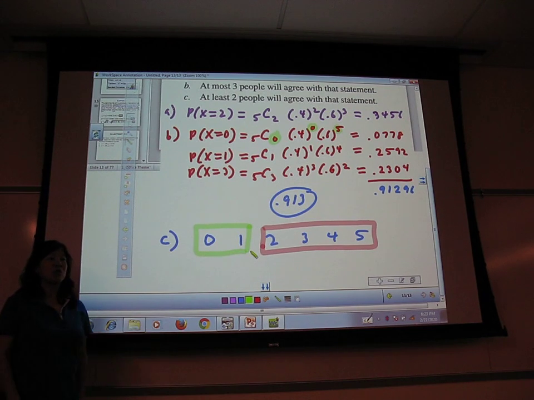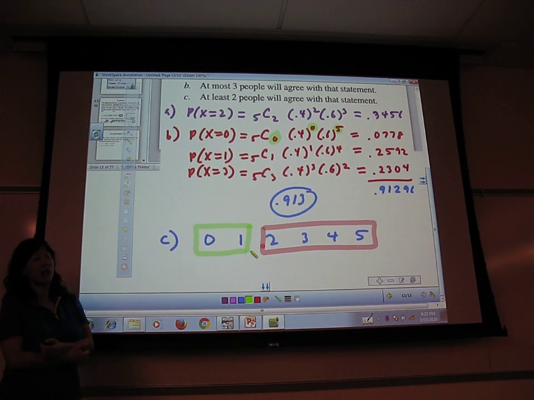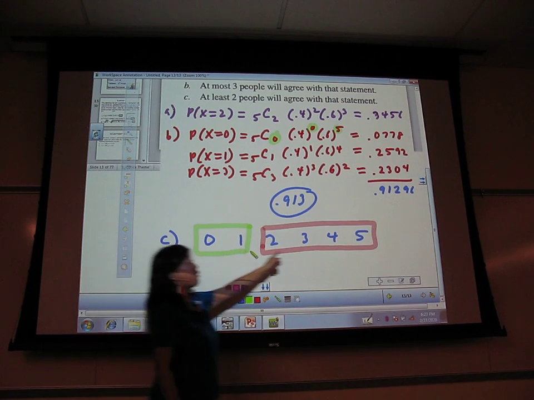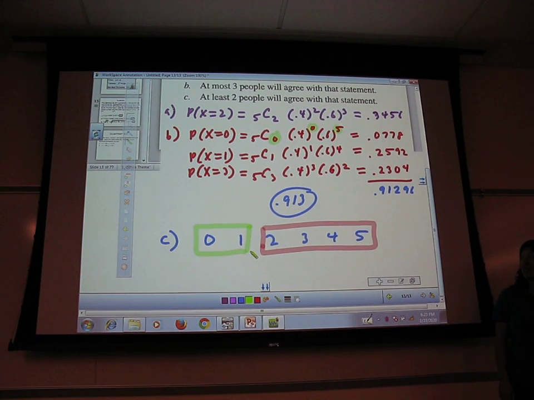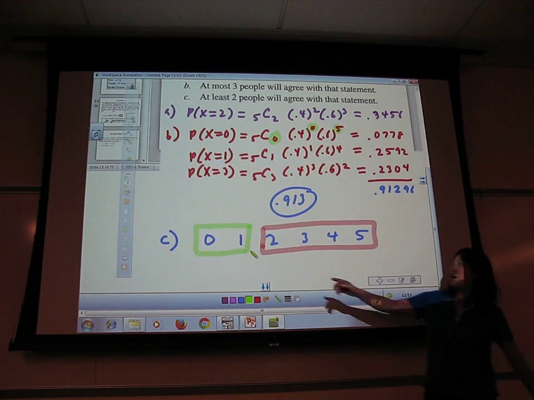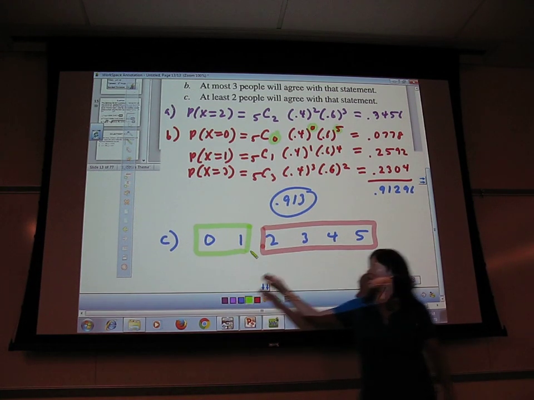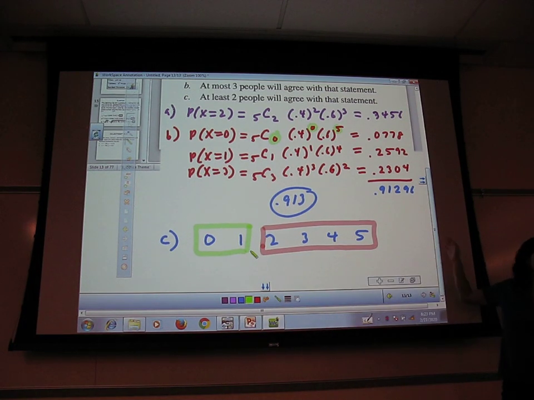Good? So on the exam, especially when it goes out to 8 or 9, when I say probability of at least 2, then just find the probability of these guys and subtract from 1 instead of finding the probability of 2, 3, 4, 5, 6, 7, 8, 9. Some people will do that, and you can do it that way. It just is going to take you more time on the test.